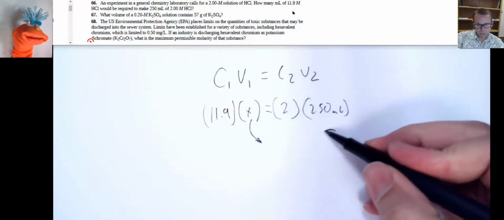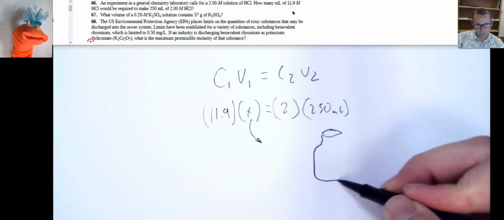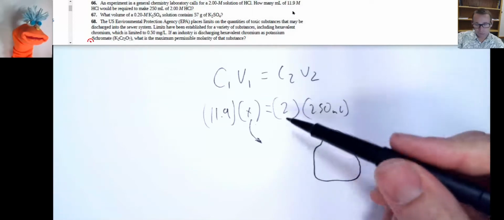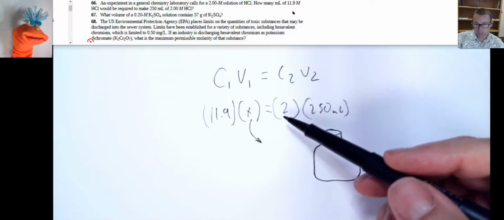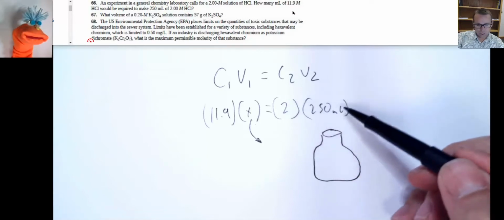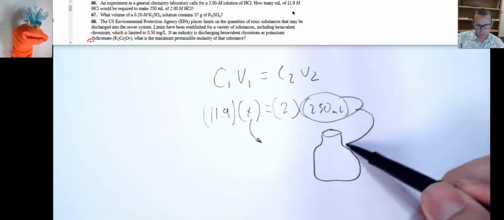HCl required. So to make my solution, I would get my bottle, and what you do is you add acid to water. So I want 250 milliliters total volume.